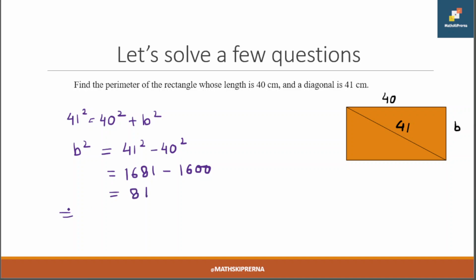So that means B will be equal to square root of 81, which is 9 centimeter. So we found the value of B, which is the breadth.